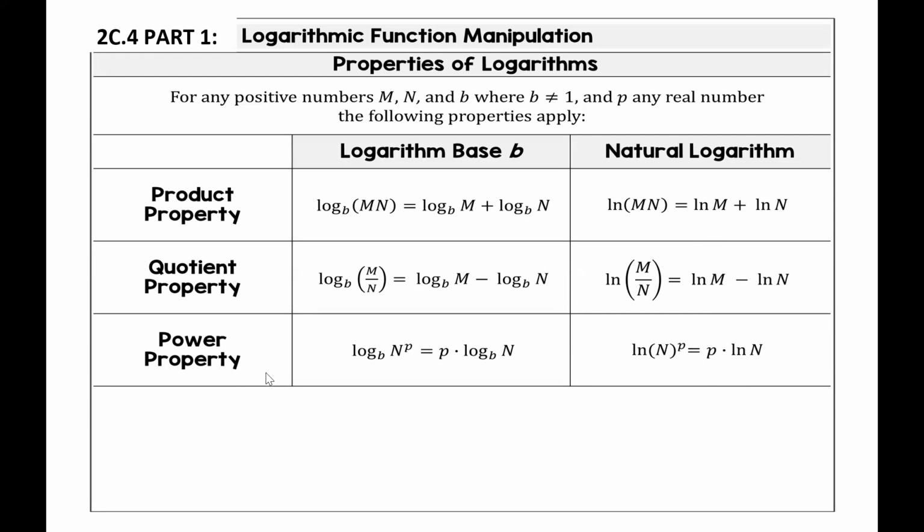With our power property, the power of your argument is going to be the coefficient for your log. Here also, you can notice that it applies to natural log as well. So these are going to be the three properties that we manipulate and test out for this part of the notes. Cool?